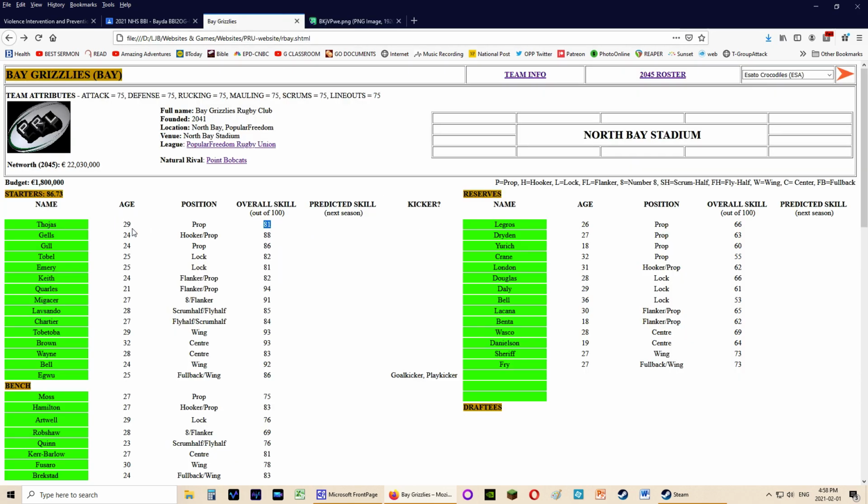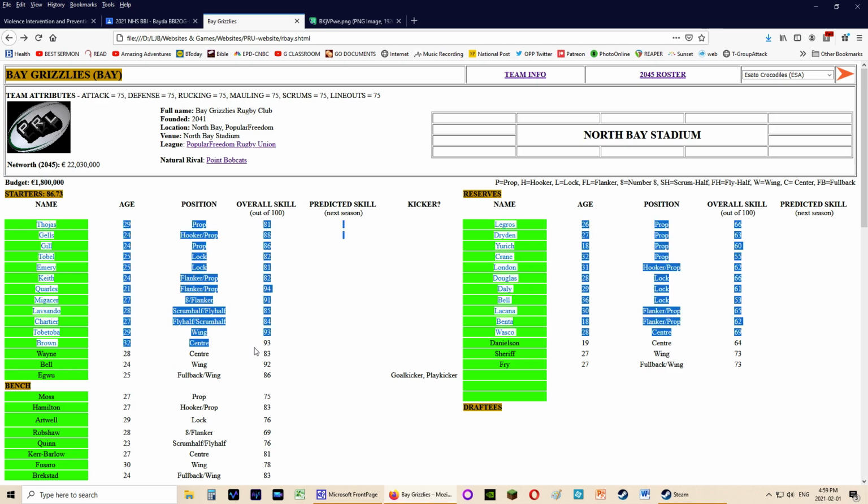The age also impacts their net worth. Okay. The older they are, the less of a value that 81 is. The younger they are, the more of a value that 81 is, because they're deemed to be able to last for as long as you want them to. Okay. And so you'll need to look through your team and determine, well, how are my starters on the team?